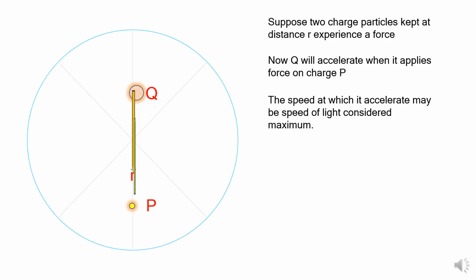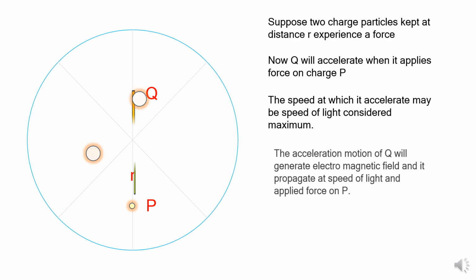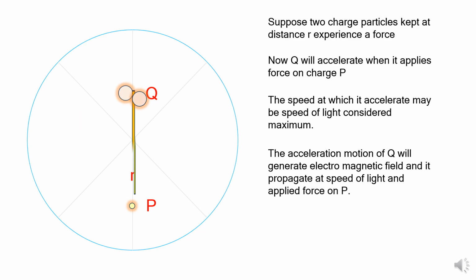Because of the force between the two charged particles, the source charge will accelerate. Please listen carefully again and again. I am saying, if we keep two charges in a space, the force will be generated, and because of the force, the source charge will accelerate. And once the source charge accelerates, it generates the electromagnetic field, and it propagates at the speed of light with a force applied on P. Let me clarify again.